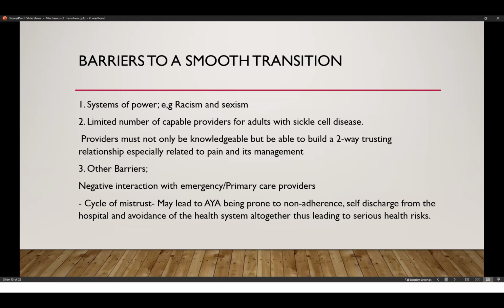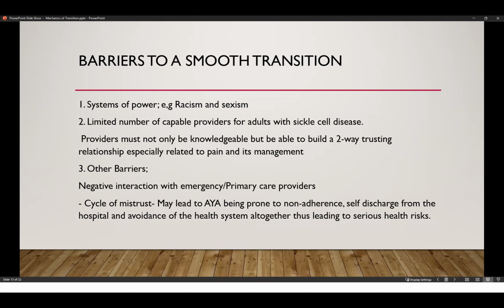All that being done, we have all these guidelines, we have how to have transition successfully, but what are the barriers to a smooth transition? The one main thing is systems of power. This is racism and sexism that are embedded in our healthcare system. All these things prevent patients from coming in as they're supposed to.